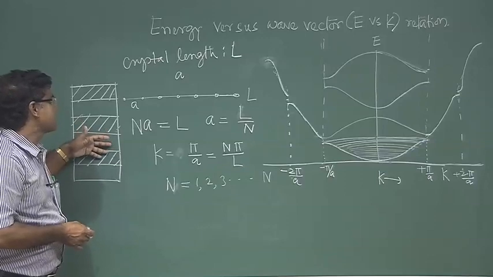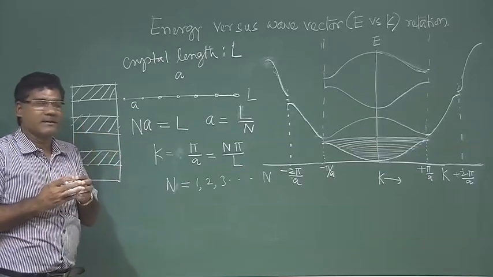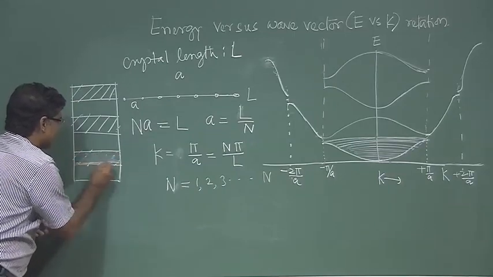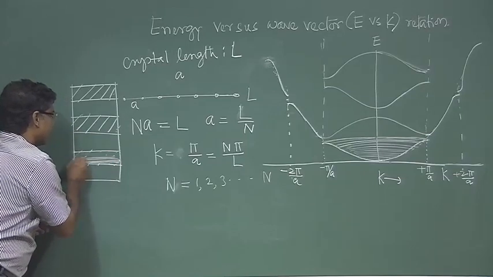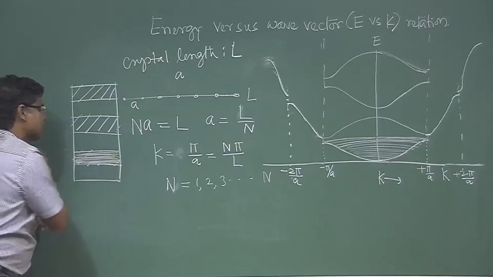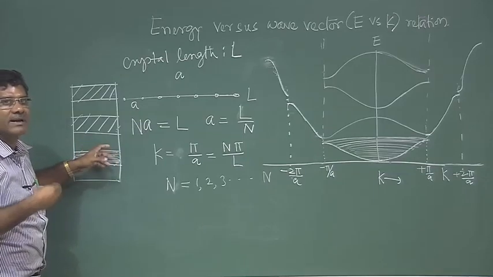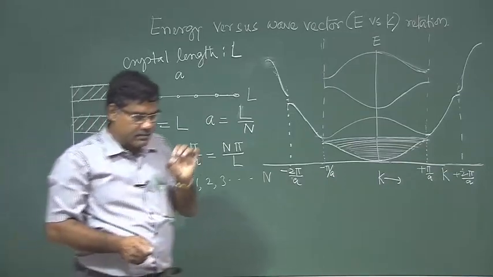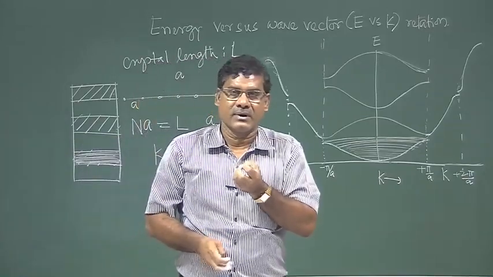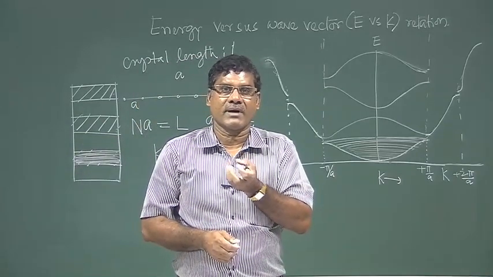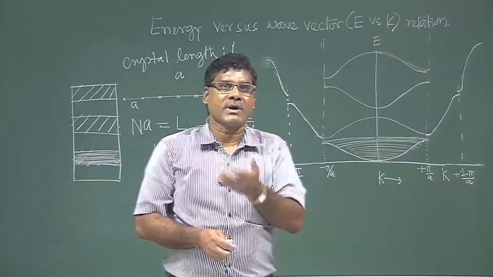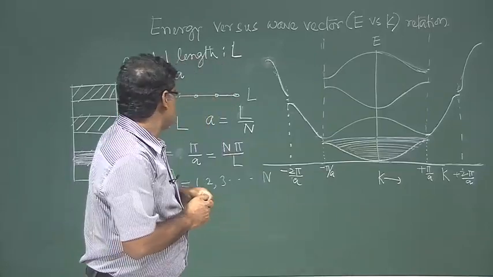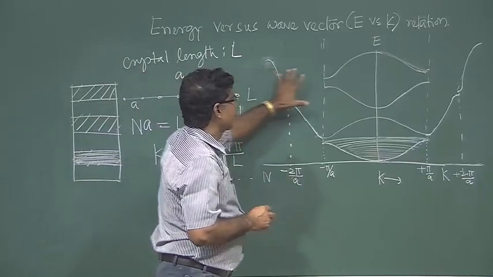Now, when we consider the finite size of the crystal, then it is not continuous, it will have n number of energy levels in this band, right, n number of states, n number of wave functions. So, each band will contain a number of energy states or wave functions or k values equal to the number of unit cells in that crystal. Okay. So, this is very important. So, this basically comes from the infinite crystal.